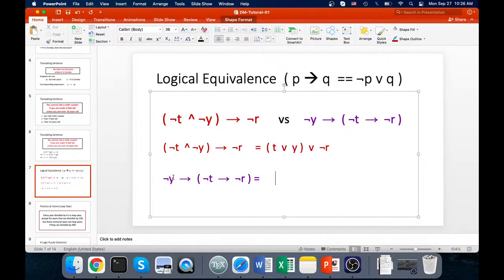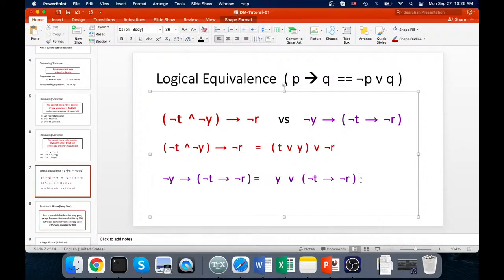And how about this one? So this one is not P or Q. Is that okay? So it is going to be not P or this Q part. Okay, so this is not P or Q. Now we see there is a pointer arrow here.